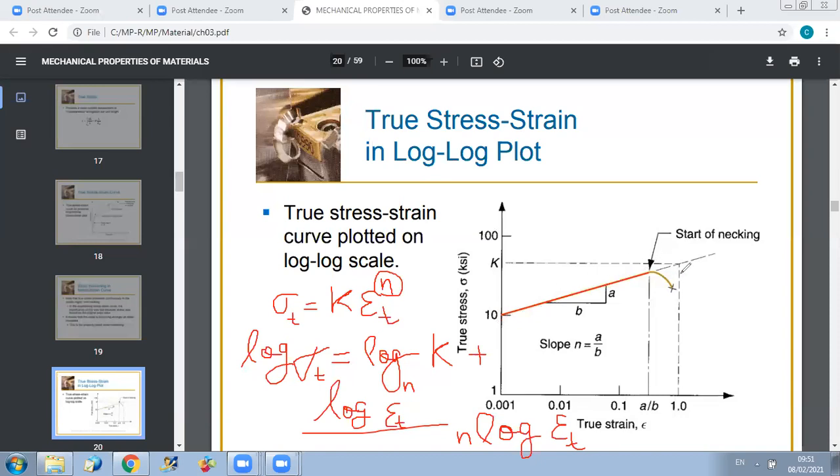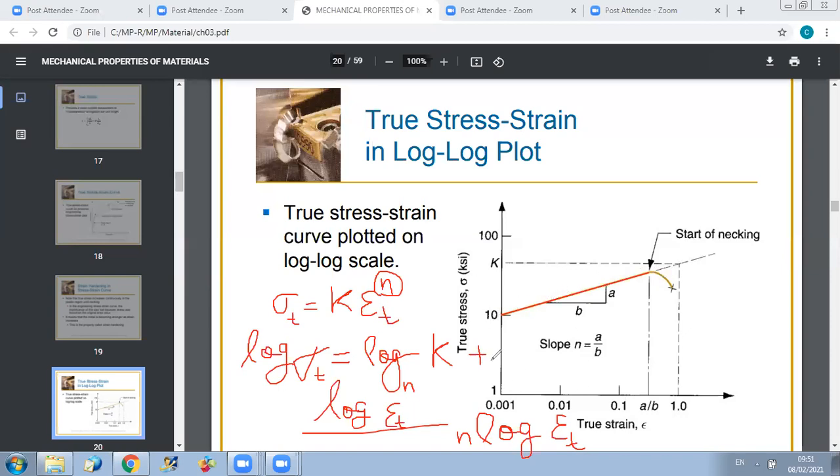Please don't confuse the linear part in the true curve: if you don't do log-log, then in the elastic region you have a linear phase, but in the plastic region you don't have a linear phase. The linear phase here is for a log-log plot.